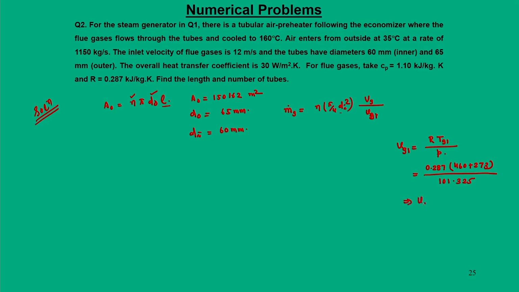So, this will give you Vg1 as 2.07 meter cube per kg, and velocity of the flue gas is 12 meter per second.